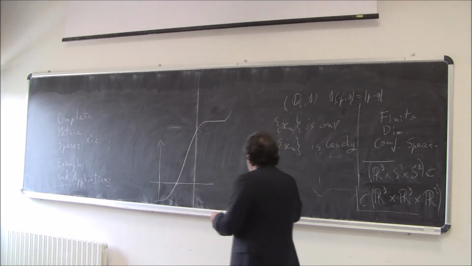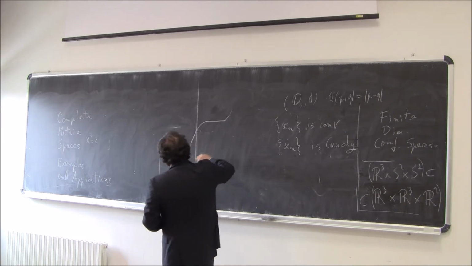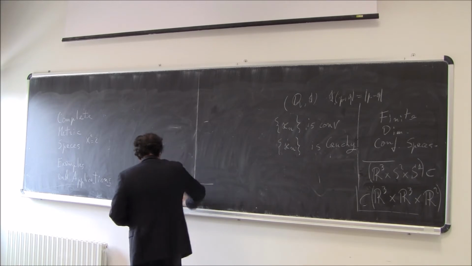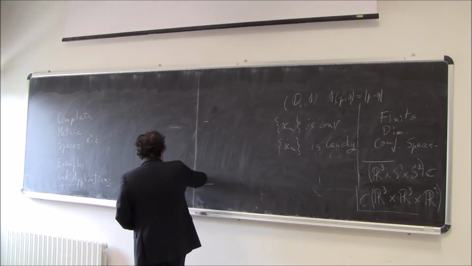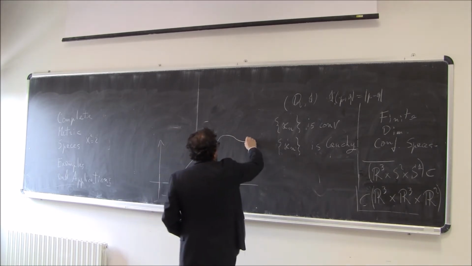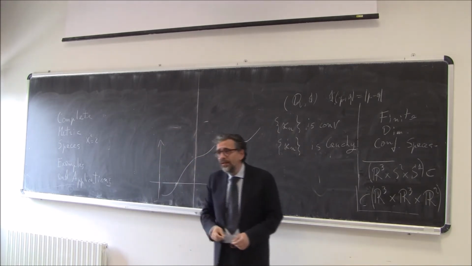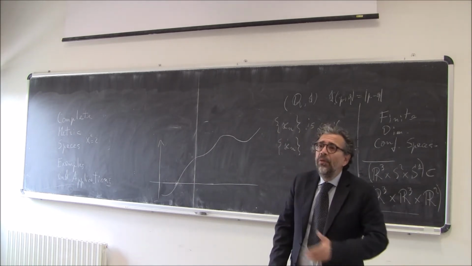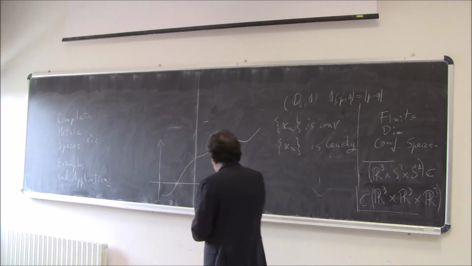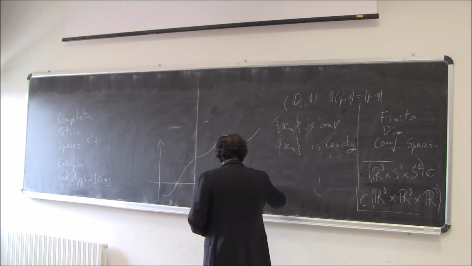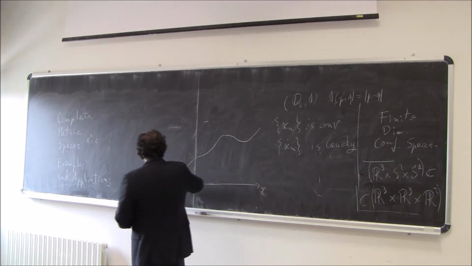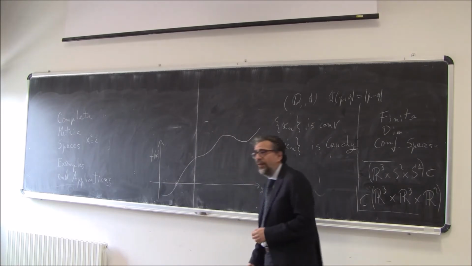Okay? Then you may have the idea, okay, this plot is not very good, for some reasons you will understand immediately. We can do something later. So, how can you build a sequence of points in the domain which is converging to the value x0 where the function is vanishing?